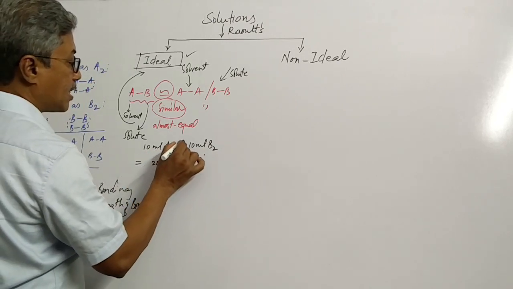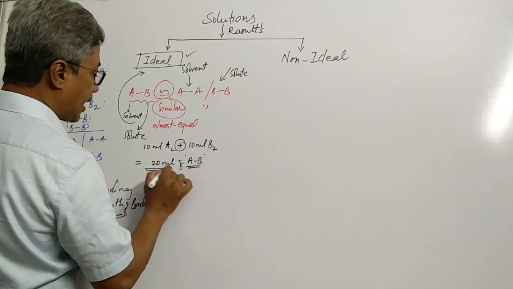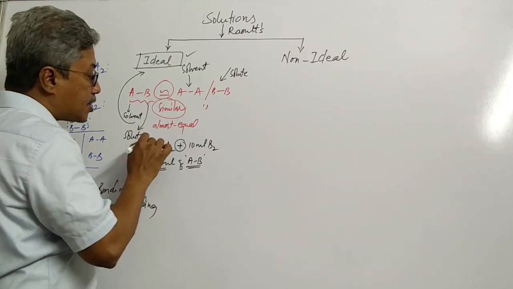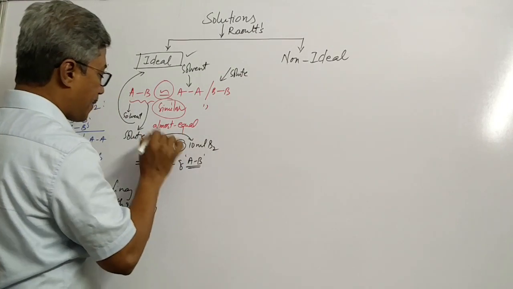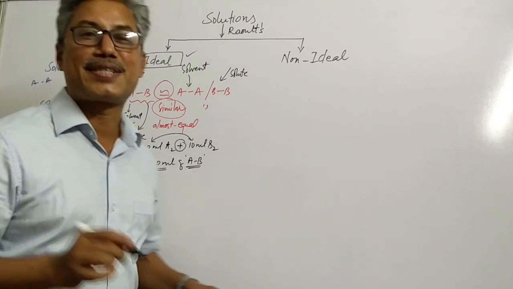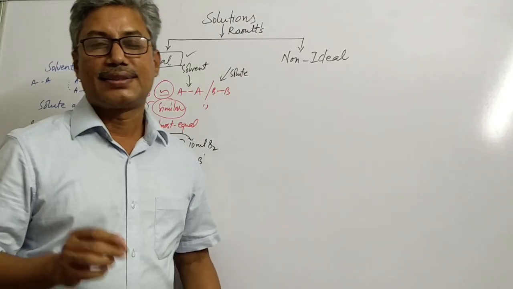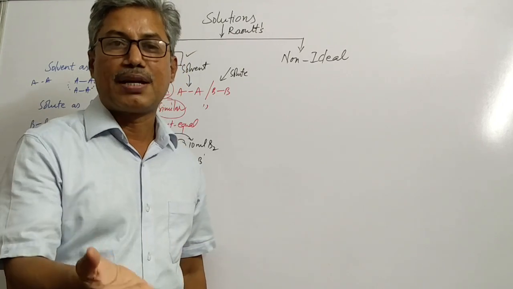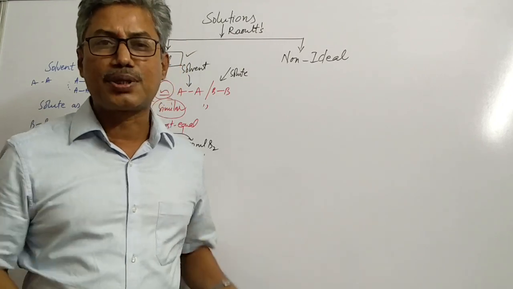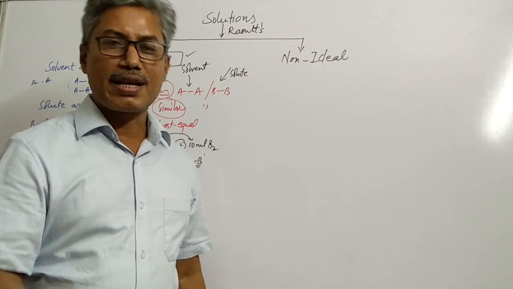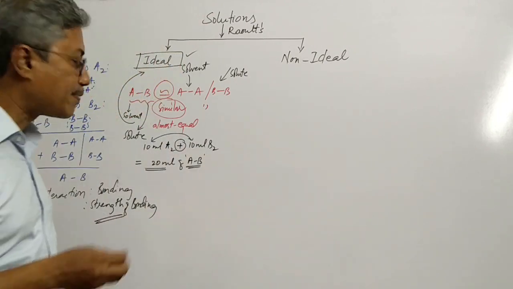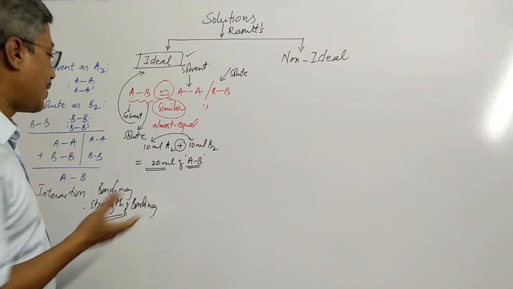That means the total volume will be exactly equal to the sum of these two volumes. This appears strange, because when we mix 10 ml of one liquid with 10 ml of another liquid, obviously the natural answer is 20 ml only, isn't it? It appears very silly and strange also. What is this, sir?